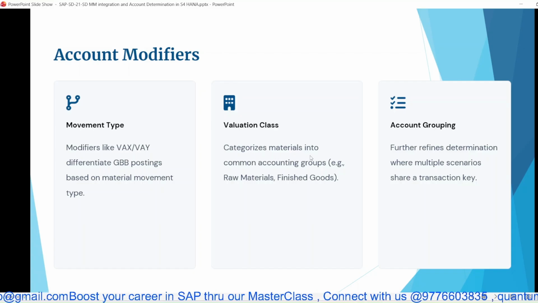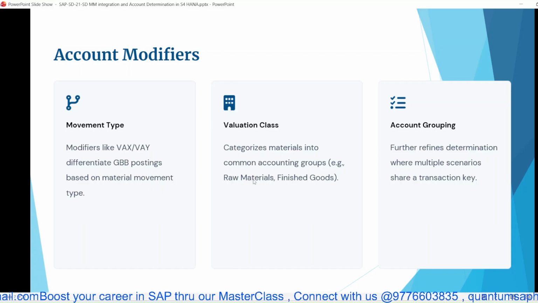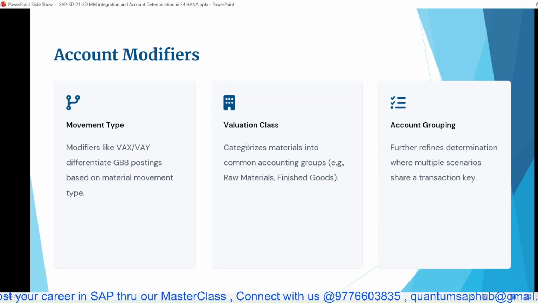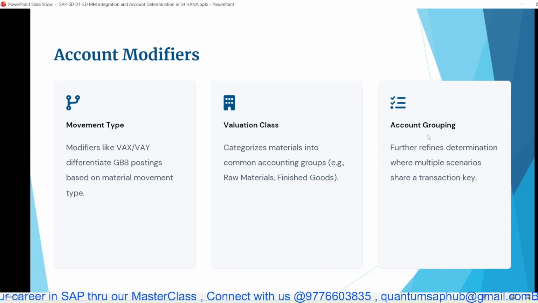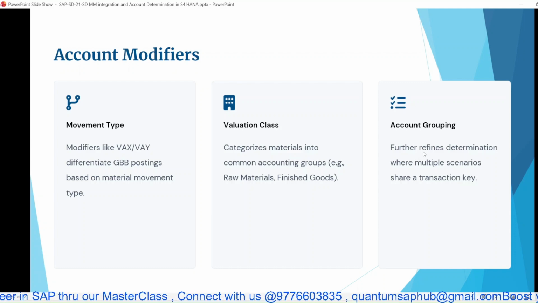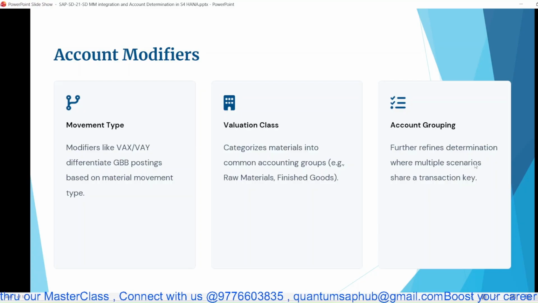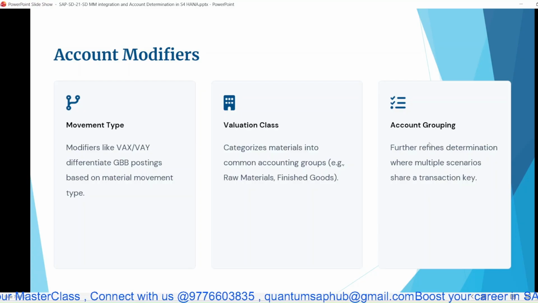Valuation class categorizes material into common accounting groups, like raw materials and finished goods, and is used for determining the correct GL account. Account grouping gives further refinement where multiple scenarios share a transaction key.